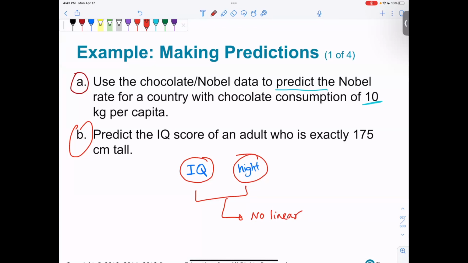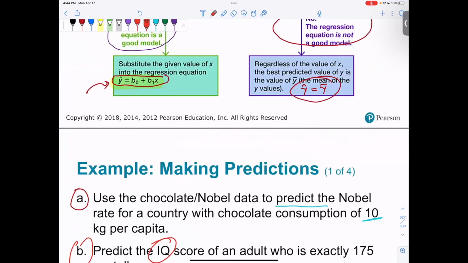So since we conclude that there is no relationship, then we cannot use any function or the sample regression function to predict, right? For prediction, we cannot. So in this case, since those two variables have no correlation or no linear correlation, then we will not use the sample regression function.